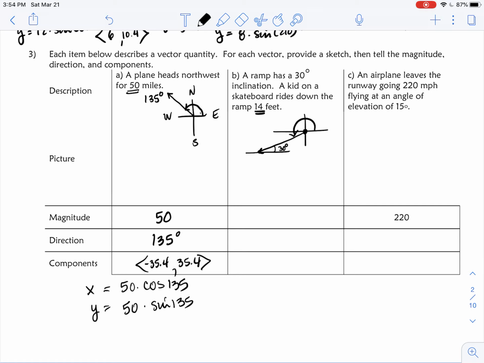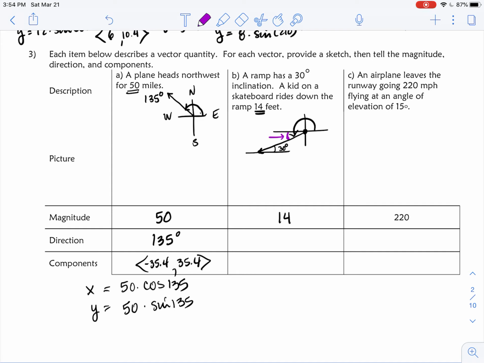Okay, so we know my magnitude is 14. Well, this horizontal line is parallel to this horizontal line. This would be considered a transversal. So we know from geometry that alternate interior angles are congruent.